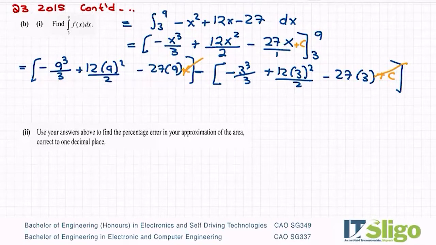You can do it in bits, or you can do it all together. So I've got minus 9 cubed over 3 plus 12 times 9 squared minus 27 times 9.